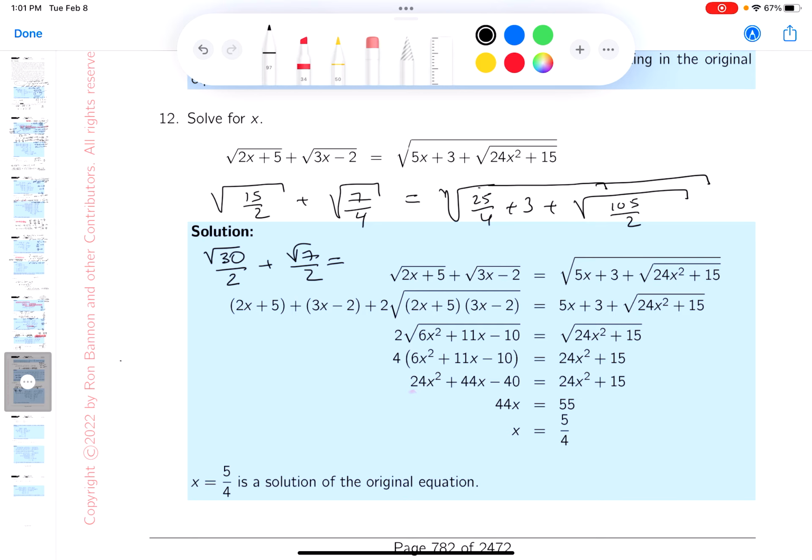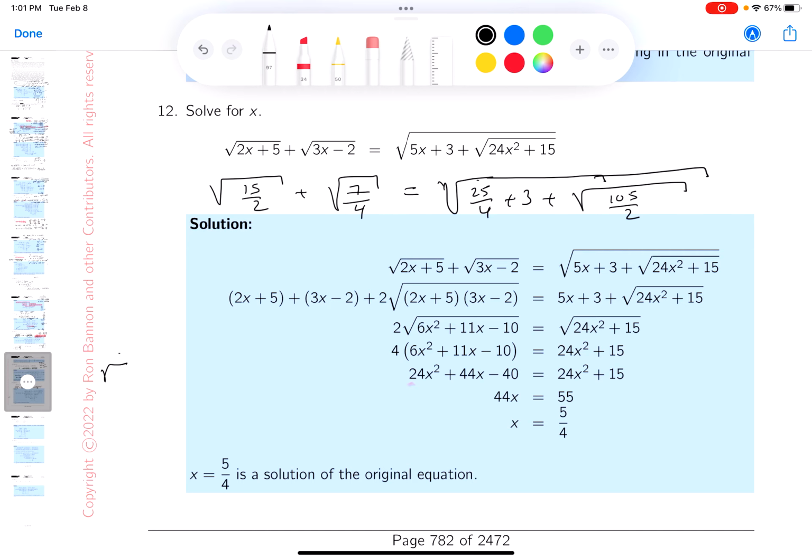Let's do the other side. It's difficult. And I get, I'll write this down for you. It's the root. You know what, I'm kind of running out of room, so I'll do that elsewhere, all right? So, right over here. Root 30 over 2 plus root 7 over 2 equals, I've got to figure this part out over here.